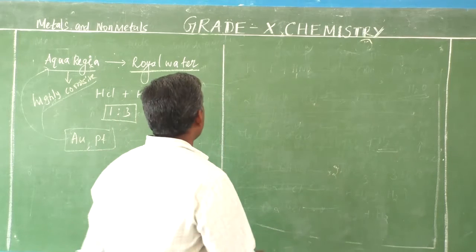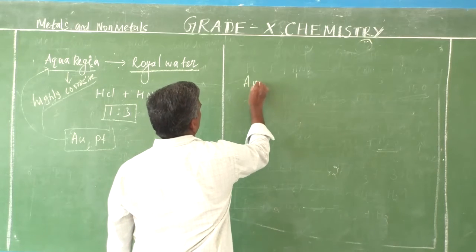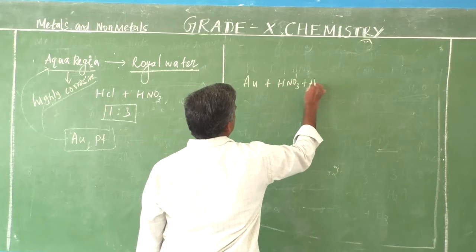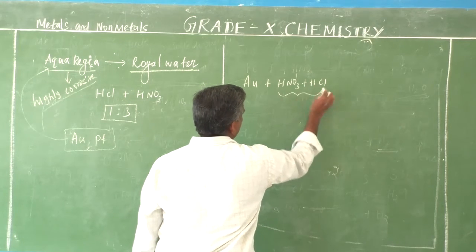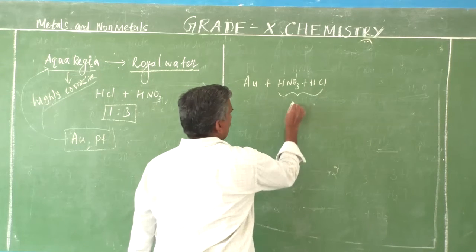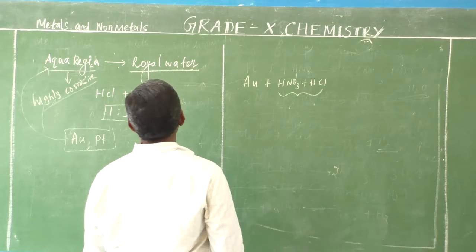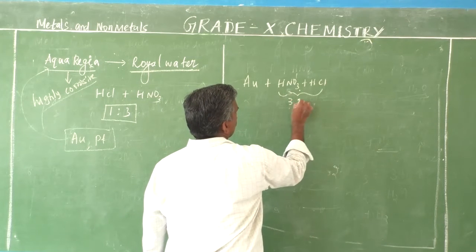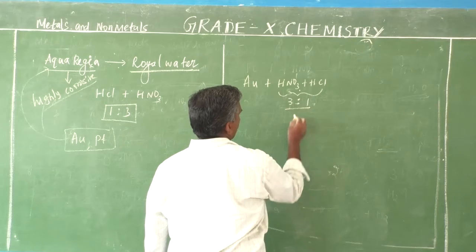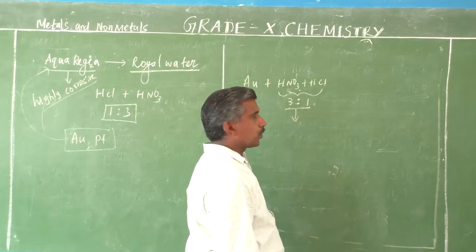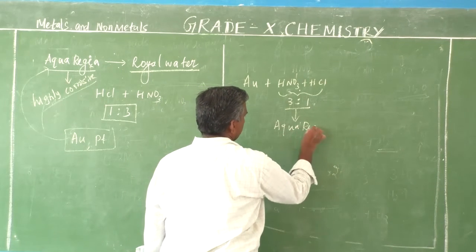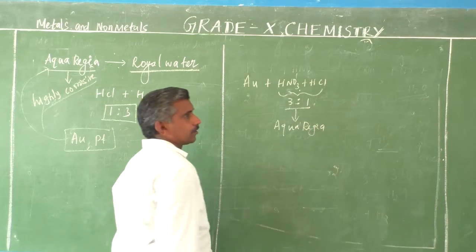That's the reaction. You see, gold plus HNO3 plus HCl. This combination of acids is known as aqua regia. What is the ratio? 3:1.